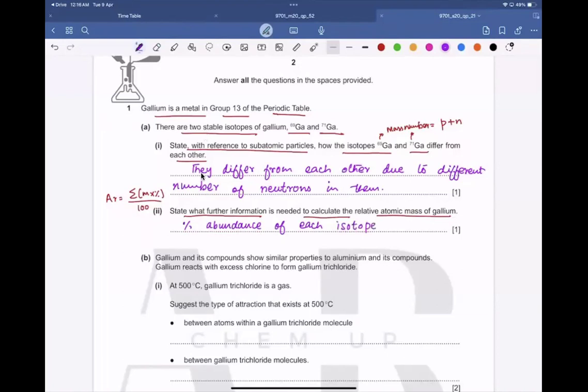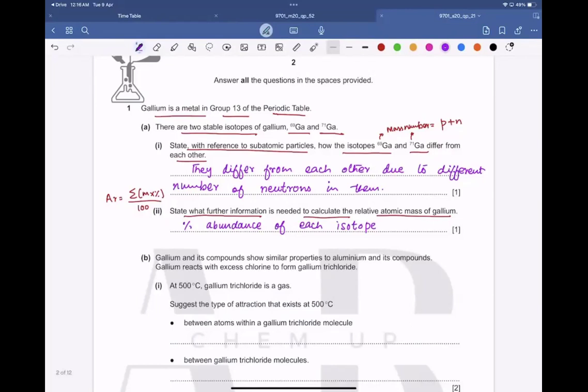Is this clear to all of you? Okay. Now, next part.